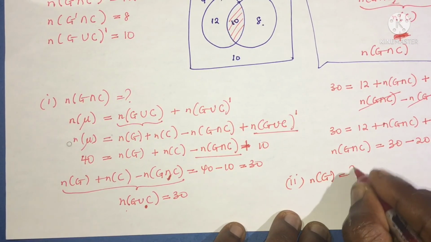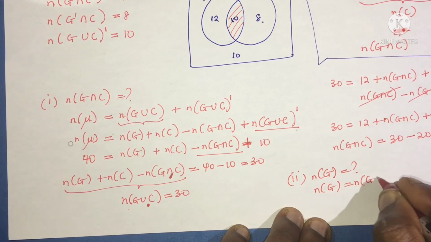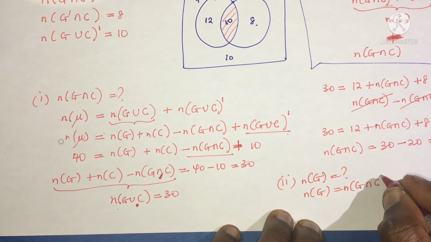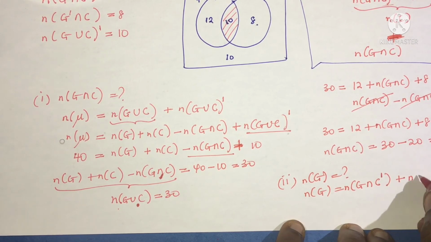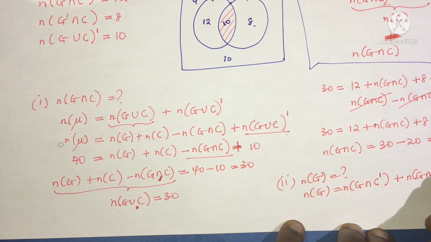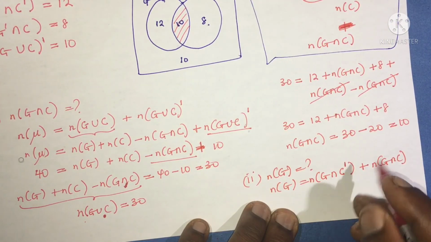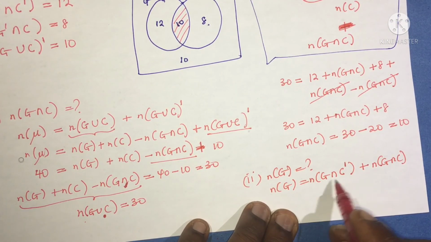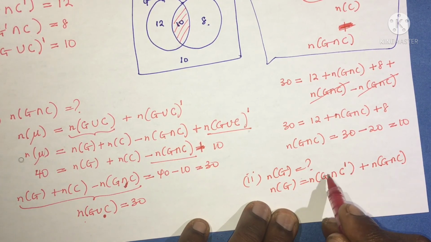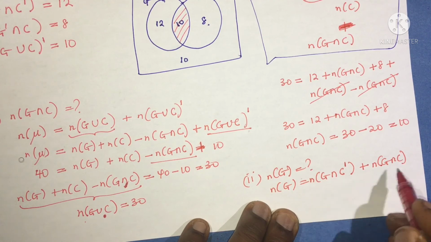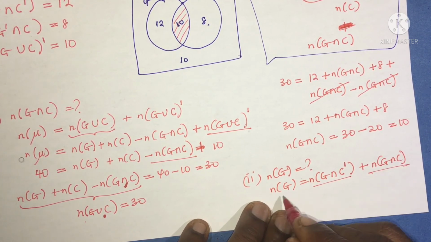And n(G) is what we want to find, but n(G) is made up of n(G intersection C complement), that is only G, plus n(G intersection C). So if you add those who had traveled to Ghana only, which is n(G intersection C prime), meaning that what we are referring to is found only in G, to this set, it will give you G.